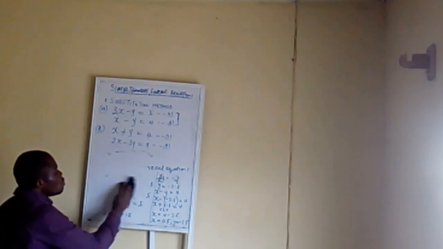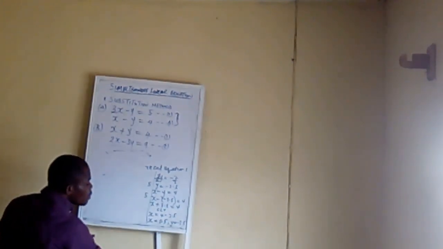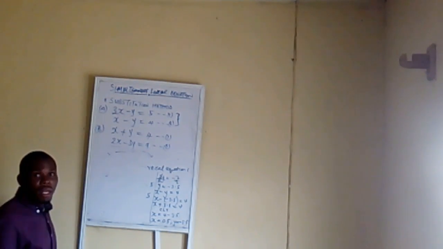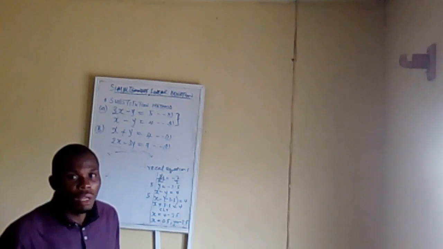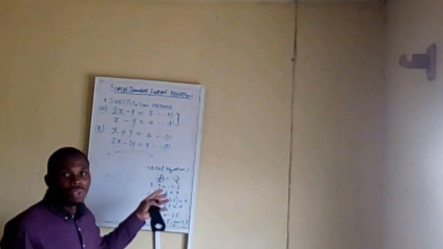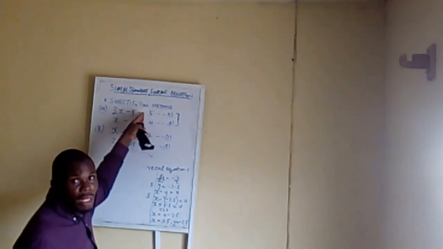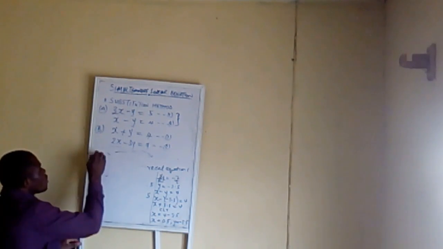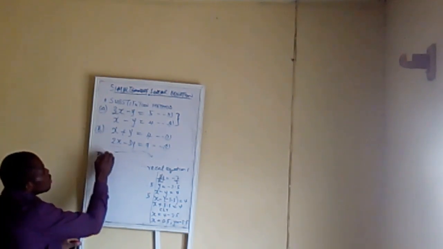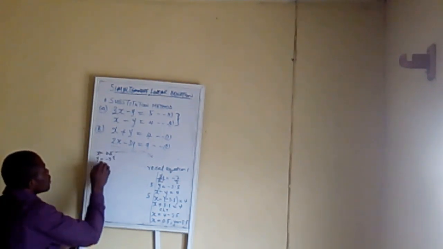And how do we now know if our answers are correct? For us to check, we can call back these two equations and substitute the values to see if we get the numbers on the right hand side. So to substitute, we have x as 0.5 and y as minus 3.5. So we are going to recall the left hand side.